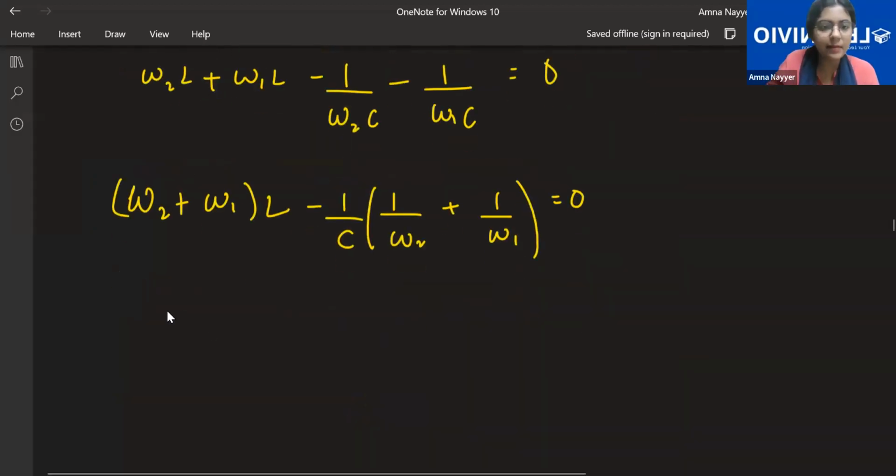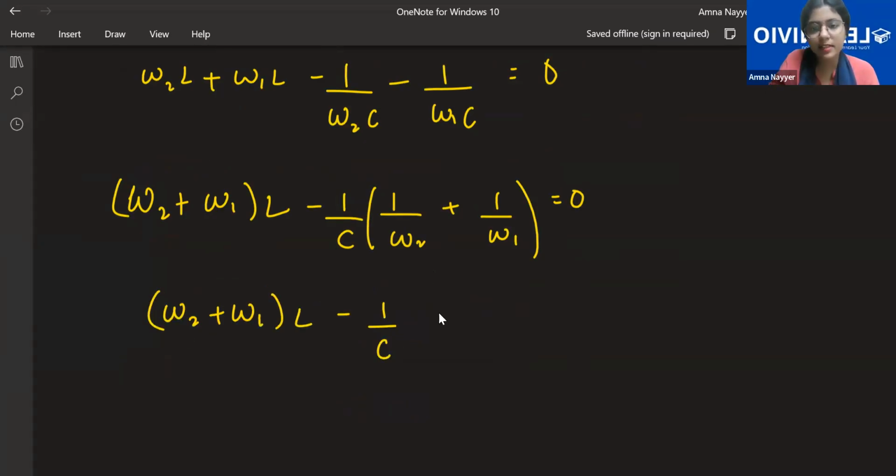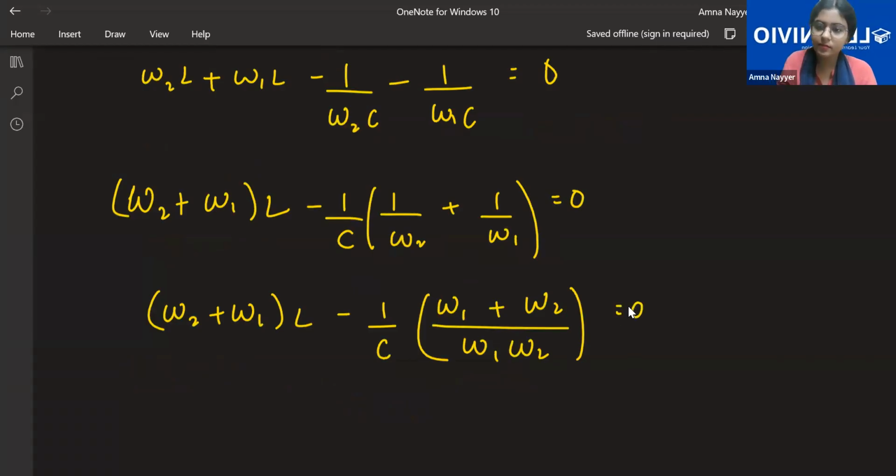Now let's take the LCM of this: omega 2 plus omega 1 into L minus 1 by C, this will be omega 1 plus omega 2 divided by omega 1 into omega 2, is equal to 0.